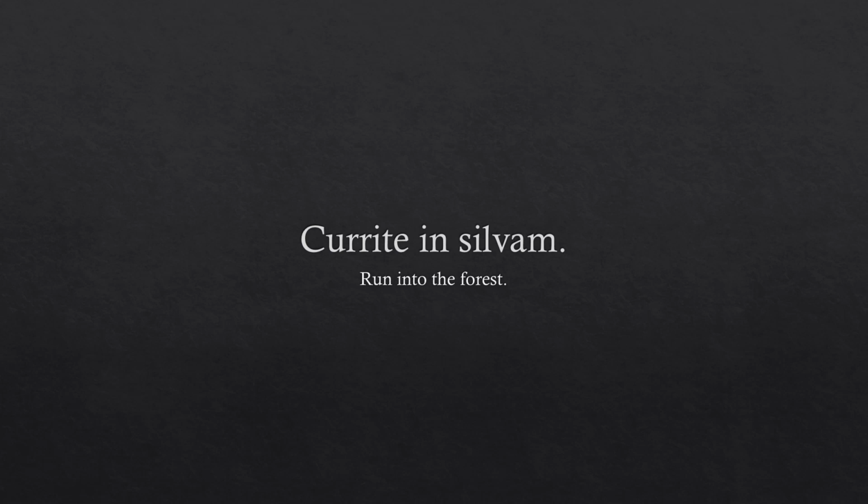So this sentence is telling more than one person to run into the forest. Also note that here, the prepositional phrase in silvam has an accusative object of the preposition, which means that in has a sense of into with forward motion. Thus, run into the forest.